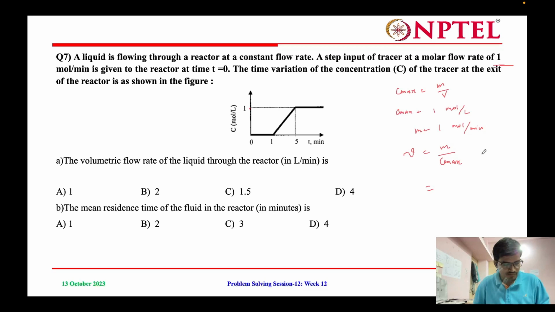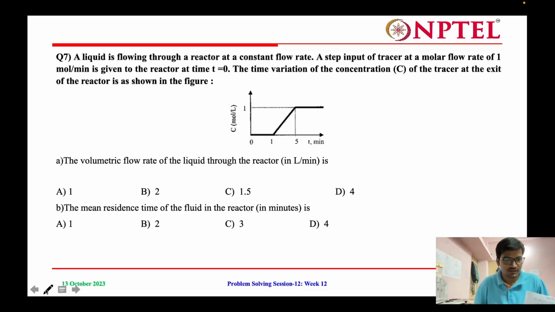So put the value here: 1 mole per minute over 1 mole per liter, so the moles cancel, giving 1 liter per minute. The option is correct.